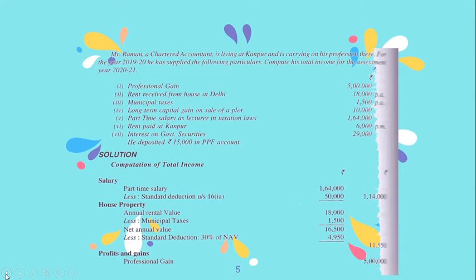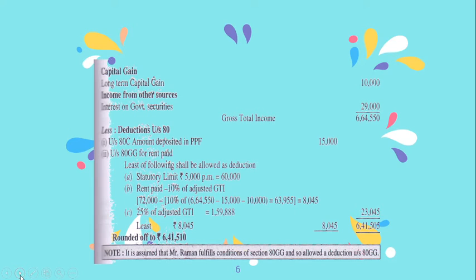Rent is 18,000 per annum, for the house property income. Rent paid at Kanpur is 6,000 per month. Bearing that in mind, the statutory limit for 80GG is 5,000 per month.